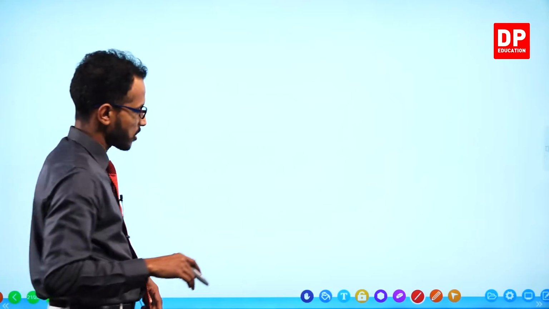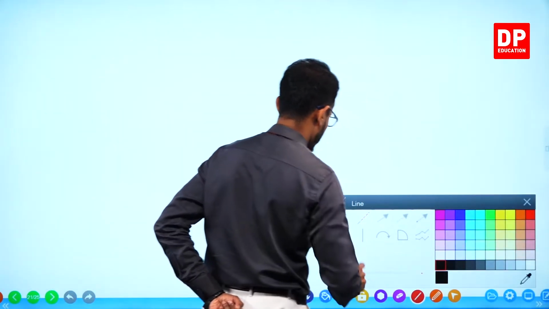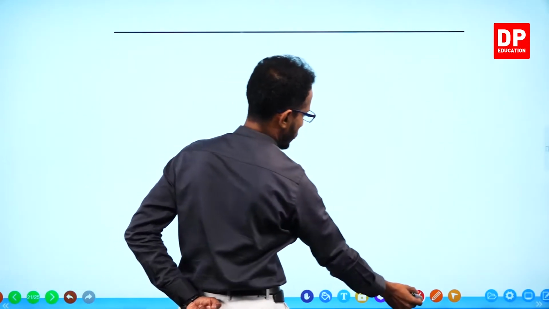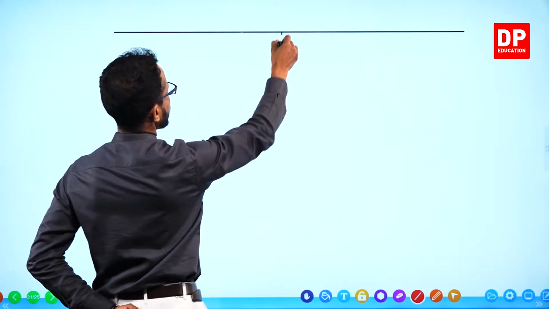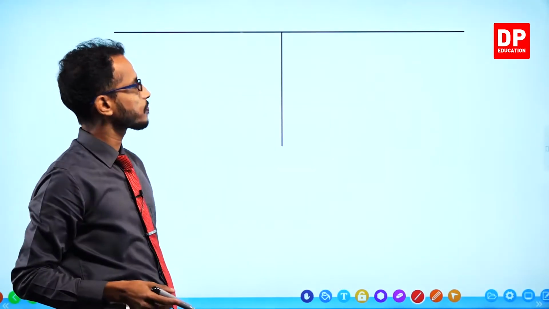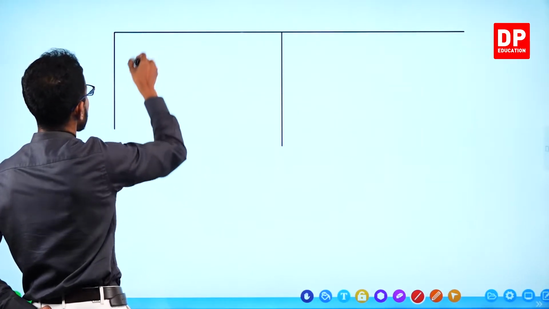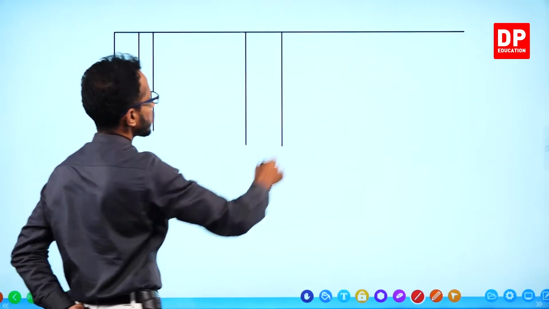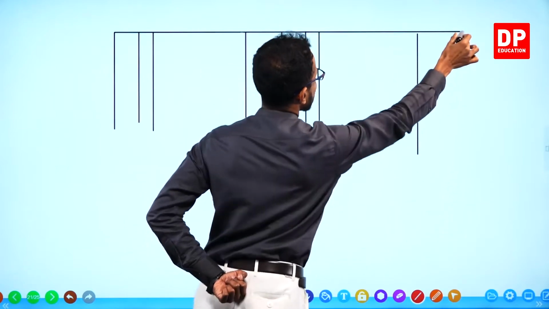Let's prepare the adjusted bank account. Draw the T first, as always. Small things lead to big things.